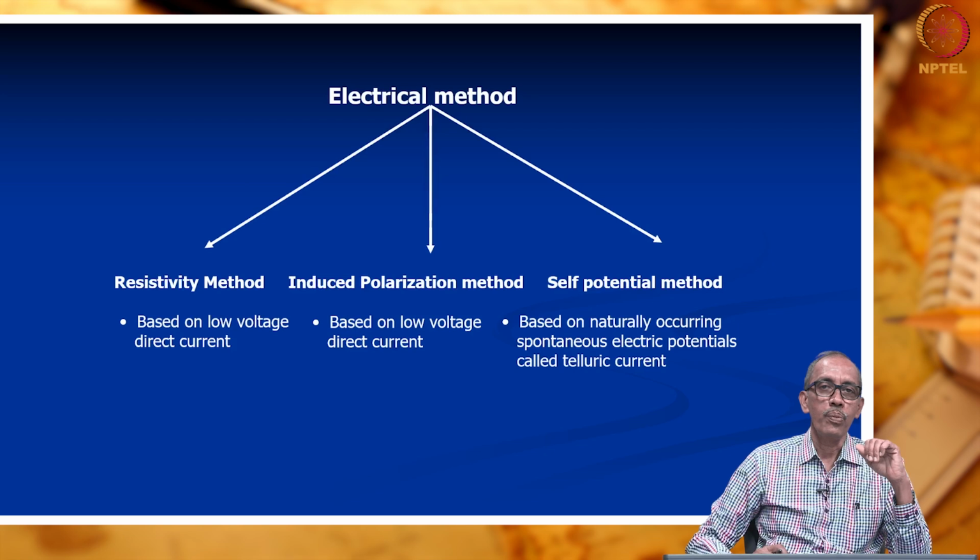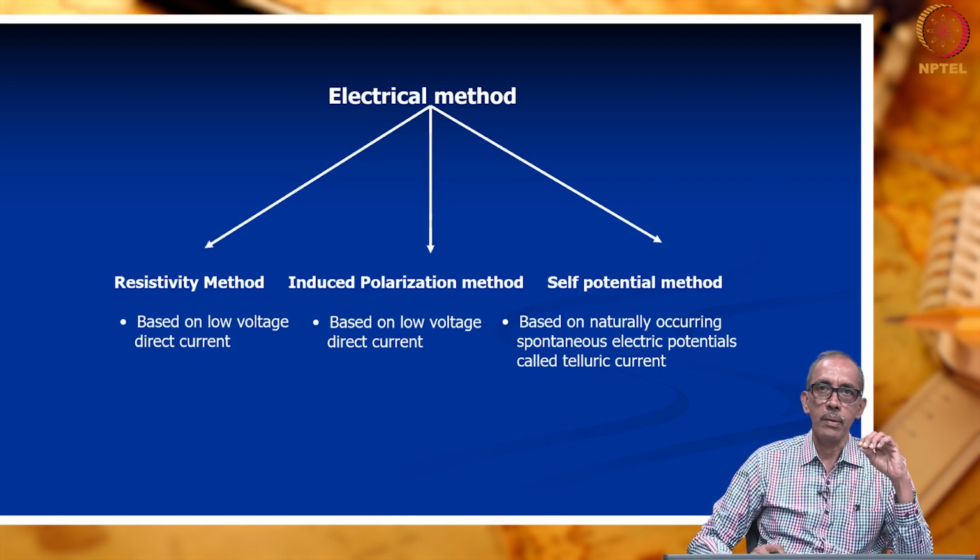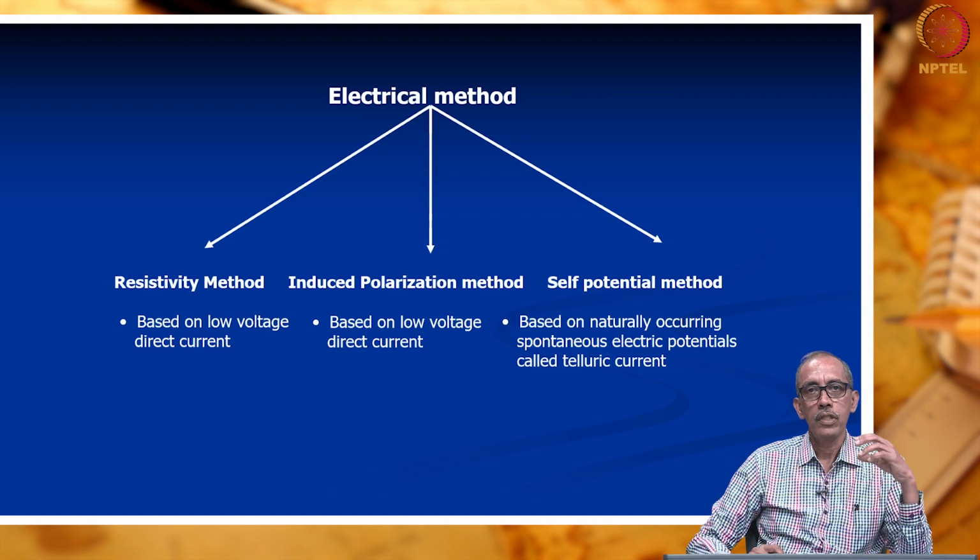As I had told you previously, electrical methods are classified into a number of sub-methods. The important three methods coming under the electrical group are, first, the resistivity method, second, the induced polarization method, and third, the self-potential method, which means the electrical methods are further subdivided into a number of methods.